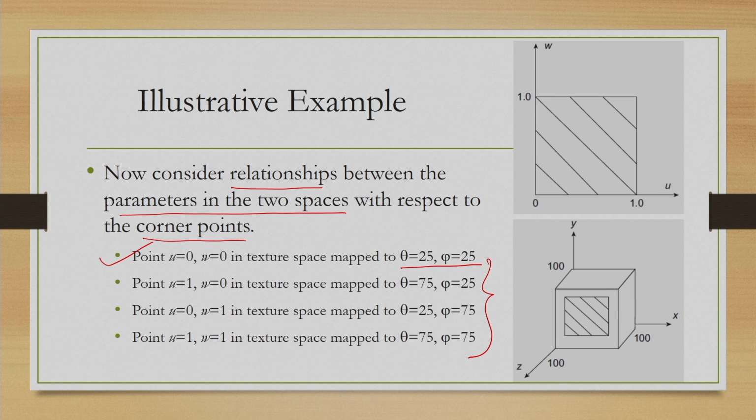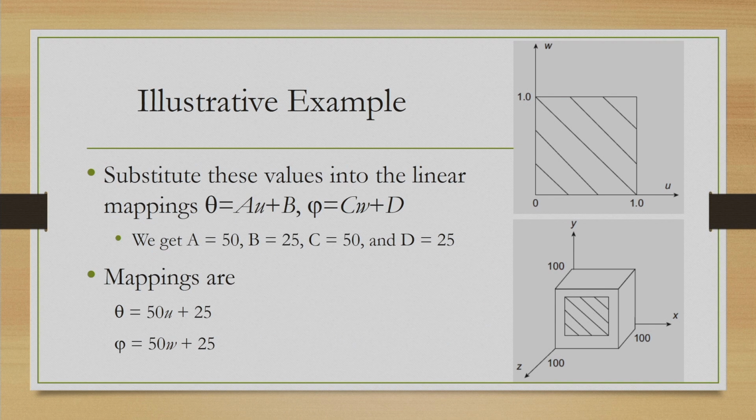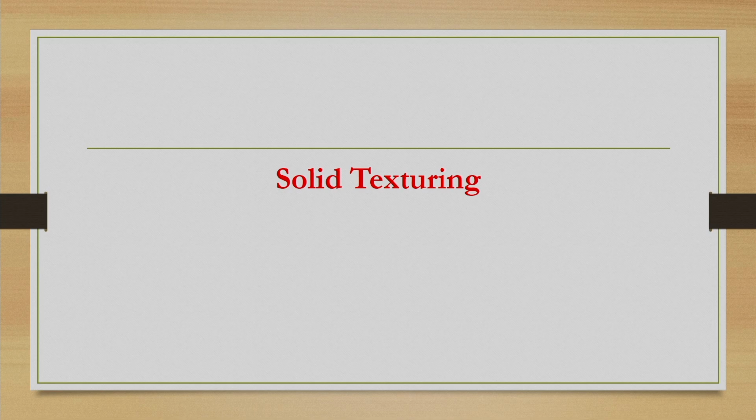So, with this mapping, we can substitute these values into the linear mapping functions which we have seen earlier to get the constant values, which will be a equal to 50, b equal to 25, c equal to 50 and d equal to 25. So, our mapping functions are finally given in this form: theta equal to 50u plus 25, phi equal to 50w plus 25. So, that is the idea of the second category of texturing.